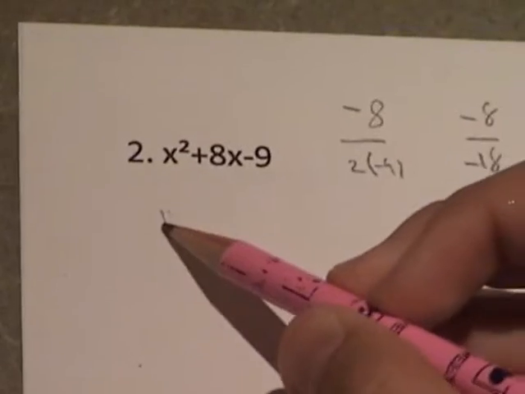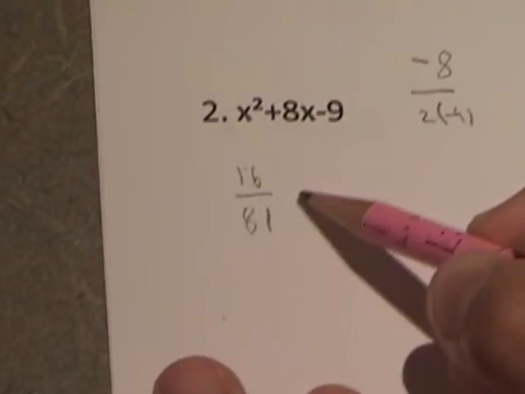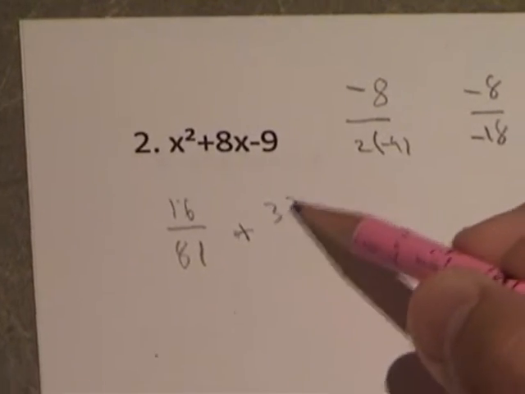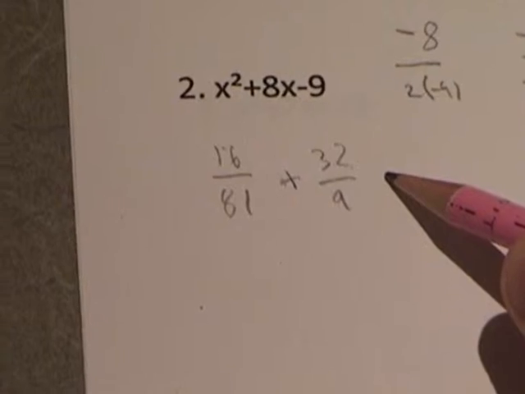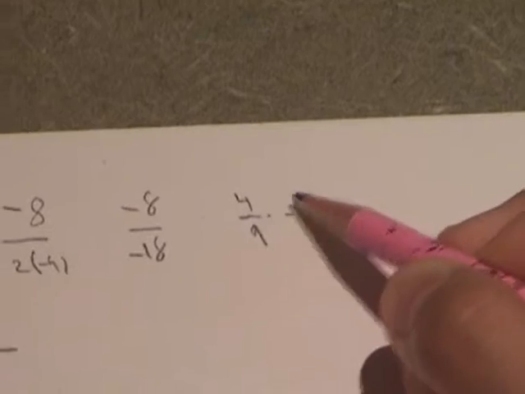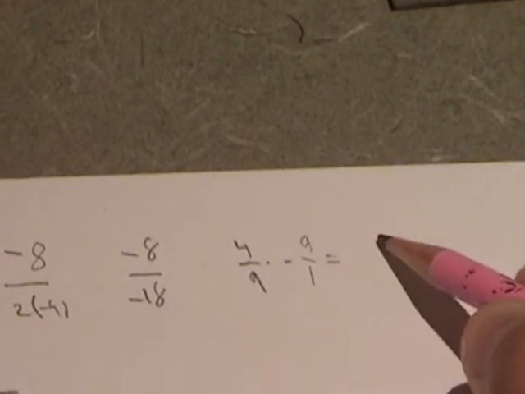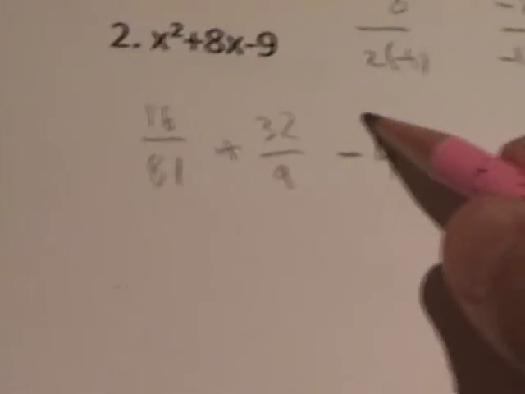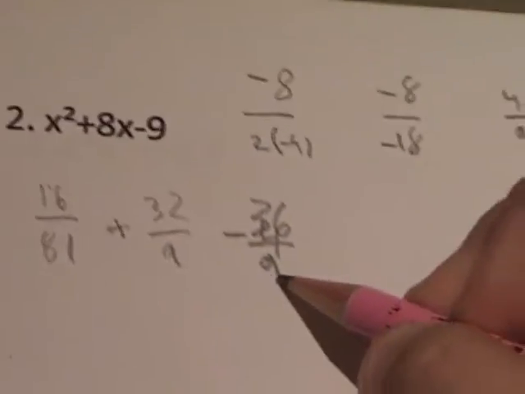Now, the x-coordinate I have is 4/9, so I'm going to plug that in. 4/9 squared is 16 over 81 plus 32 over 9 minus 4, which really comes out to minus 36 over 9.